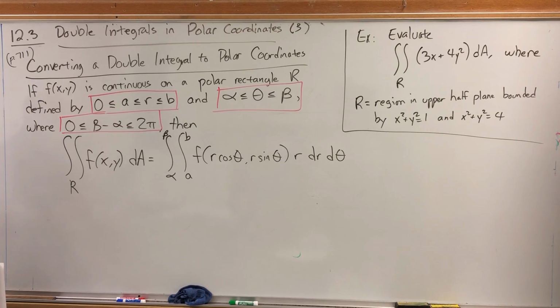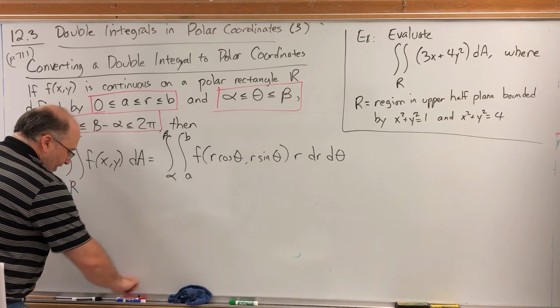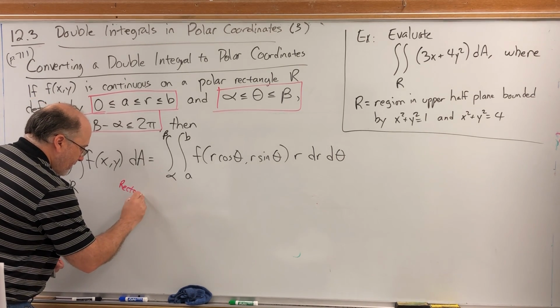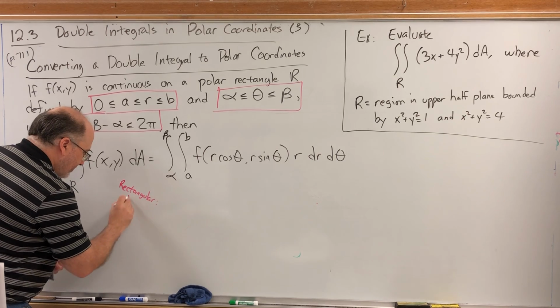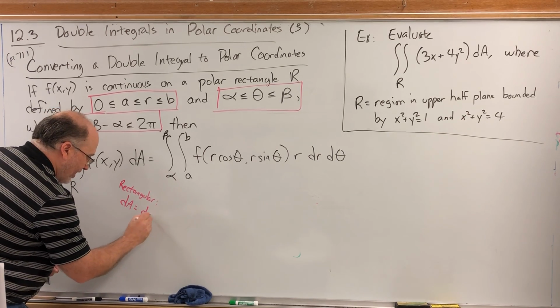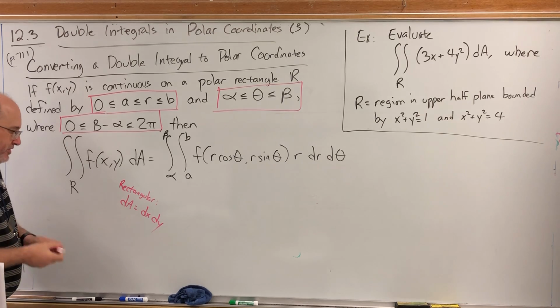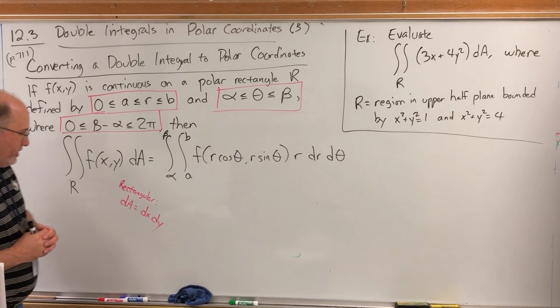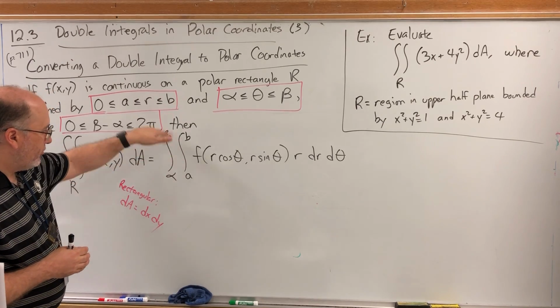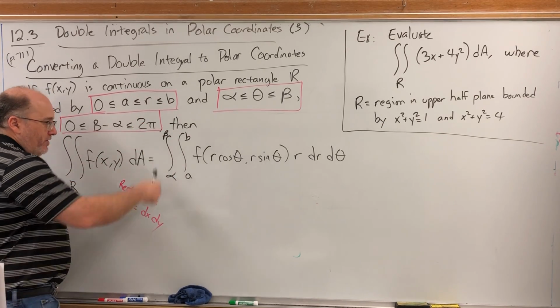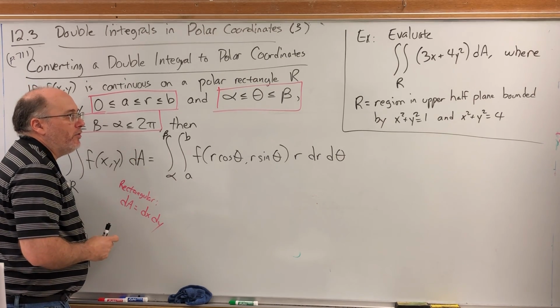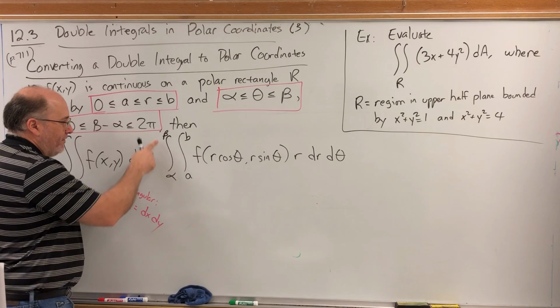Then to convert the integral, the double integral of the function over that region, dA, and just a quick reminder, in rectangular coordinates, dA is just dx dy. Makes perfect sense. Area is length times width. But when you convert it to polar coordinates, you'll do the iterated integral, where one of the integrals is over the angles on which theta is defined, in this case from alpha to beta.